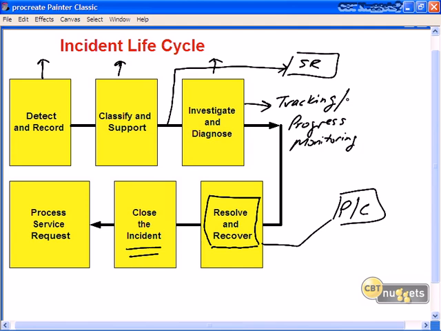For example, when you call a service desk and hear, "This call may be monitored for quality assurance." You have that type of thing, or maybe you have a software solution in place. So tracking and progress monitoring is working in parallel all along the way.